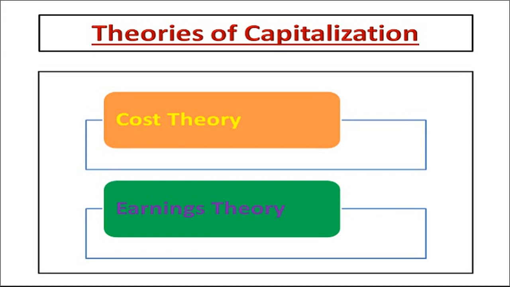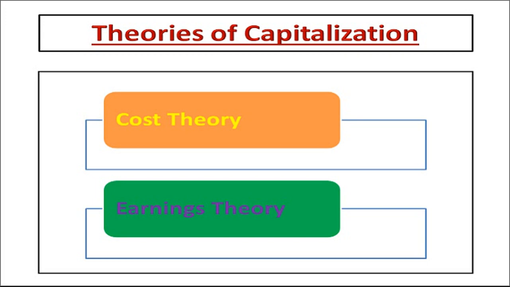The cost theory states that a firm's total capital would depend on the cost required for the machinery or fixed assets to be acquired. For example, if a company requires a building, plant and land, the total cost of building, plant and land together would form the total amount of capital which the business requires.